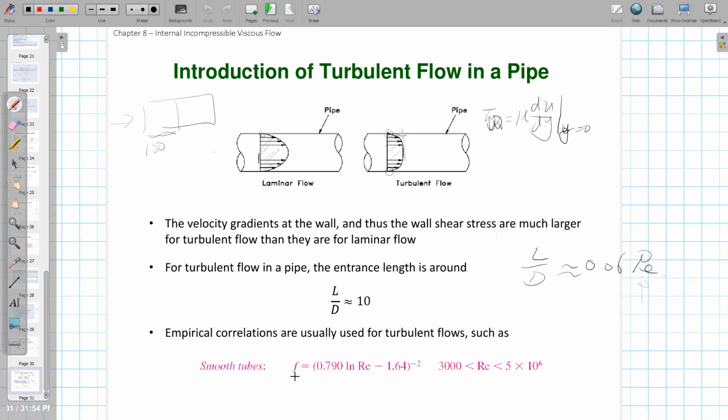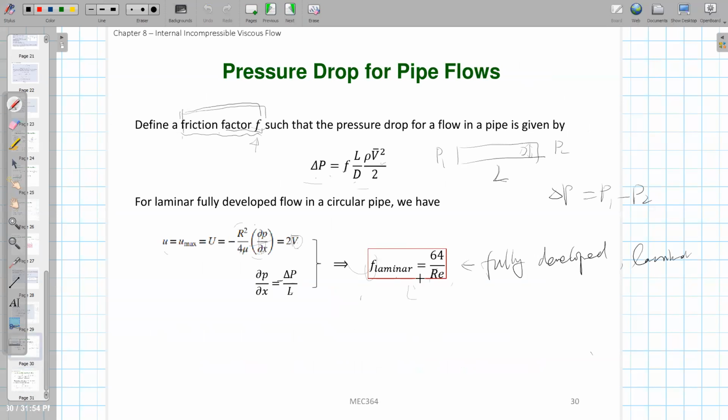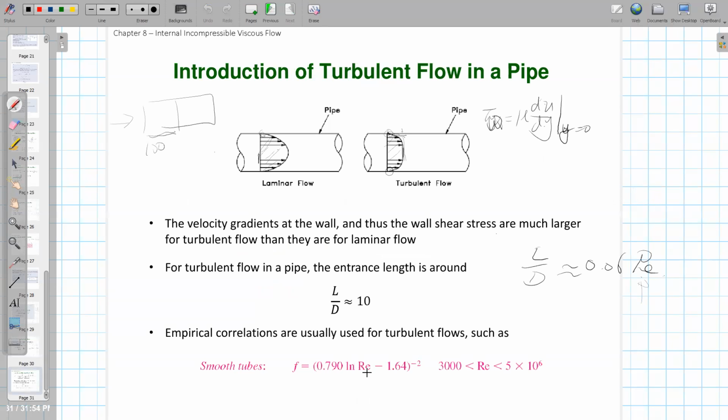We have many papers for this kind of thing, but a lot of them are empirical results. And this value f is also much larger than this value here, with the same Reynolds number, because we know that the turbulent flow gives you more friction.